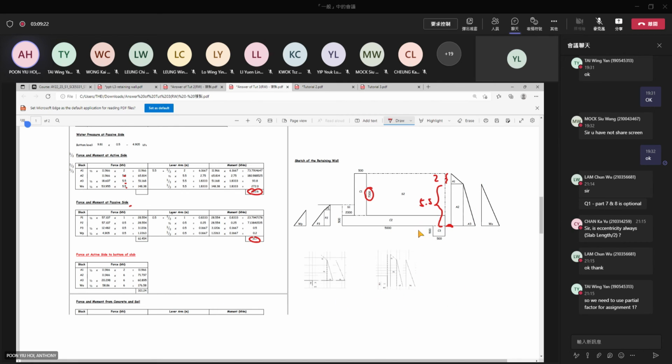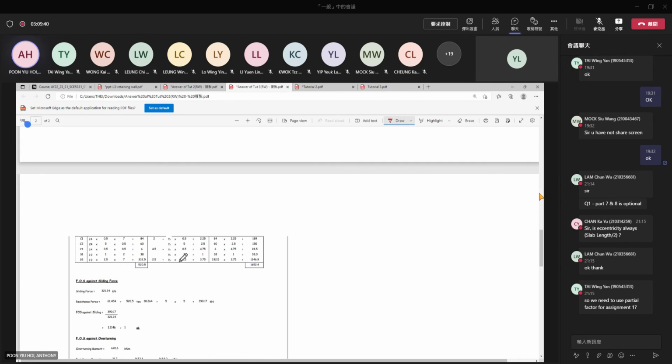So if you are checking the sliding, 因為佢有個 shear key，你要拉到落嚟呢度。計埋呢個保守啲，安全啲。So this is the resisting moment.